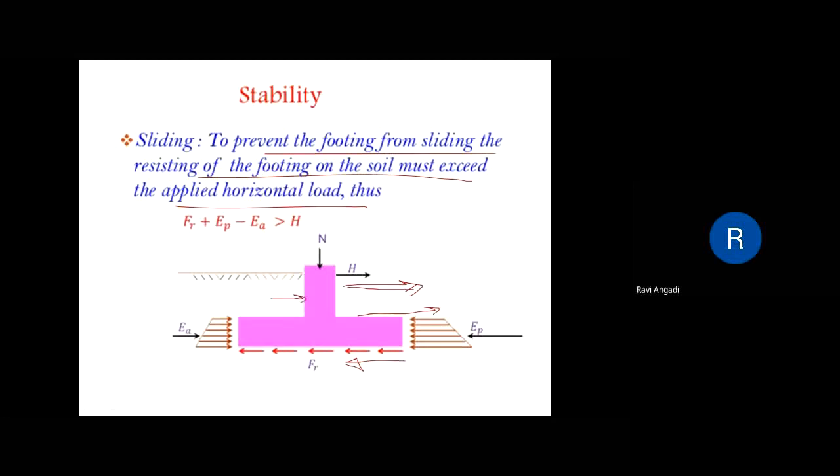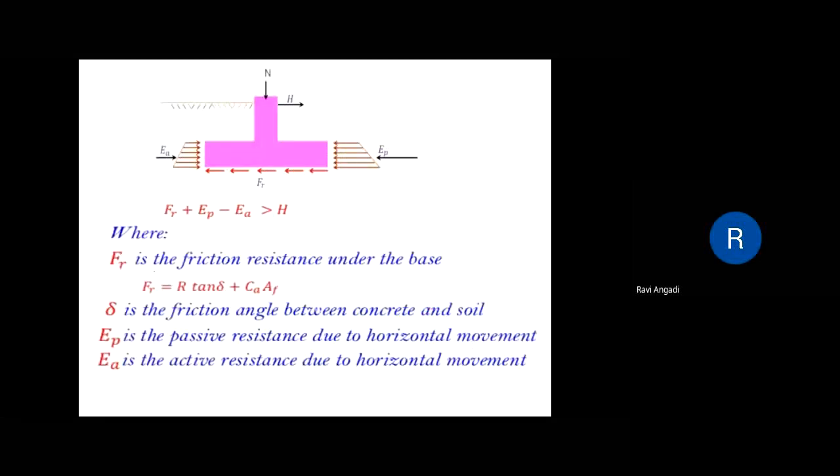If there is a lateral pressure acting from this side, it should not move forward this side. There should be a resistance. Okay. So the equation here, look at this one, where Fr is the friction resistance. There should be enough friction resistance under the base to prevent the sliding. Okay. And delta is the friction angle between the concrete and the soil, and EP is the passive resistance due to the horizontal movement, and EA is the active resistance due to horizontal movement.